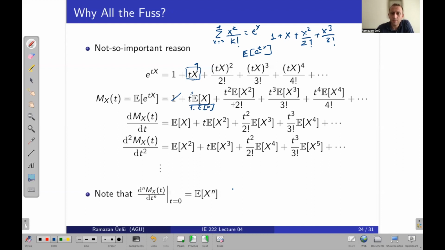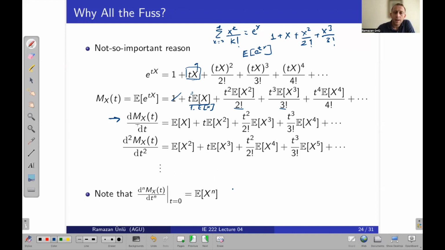For this one, we will be left with t times the expected value of x squared. For this one, we will be left with t squared divided by 2 factorial times the expected value of x cubed, etc. I hope you see the pattern: the power cancels the first term of the factorial in each step, okay? And that is the first derivative of the moment generating function.